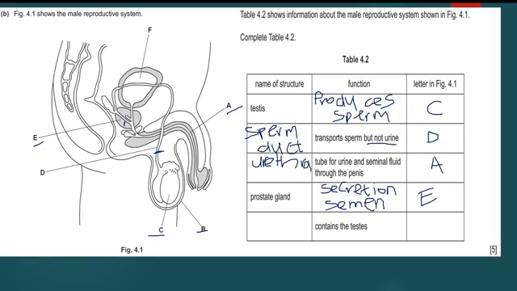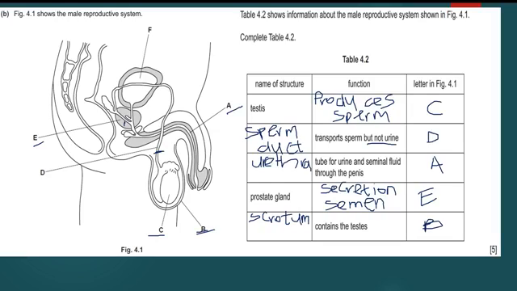Prostate gland there. Then the one that contains the testes, remember we said the ones that contains the testes now will go for B. So that's B. And that is, you can call it the scrotum, or you can call it the scrotal sac. So I want to call it the scrotum.